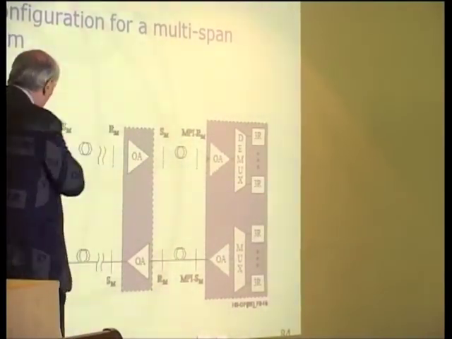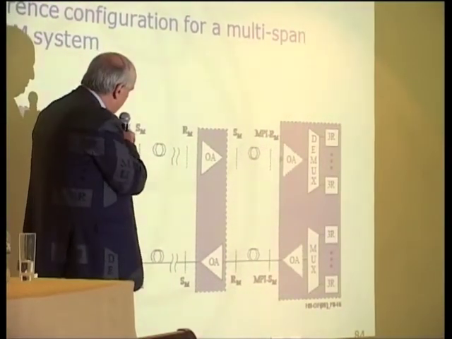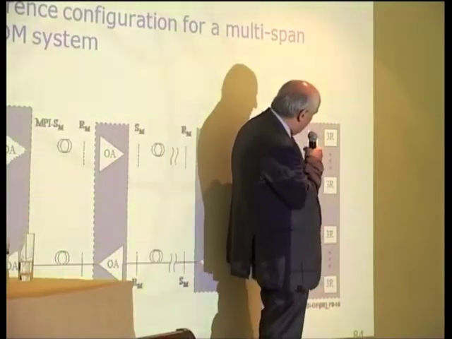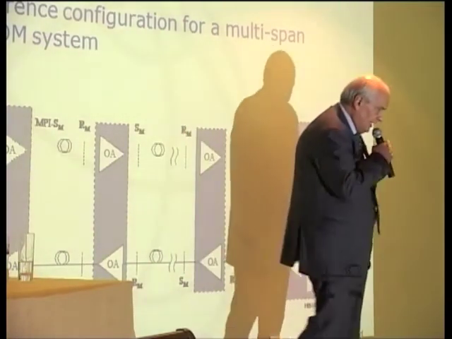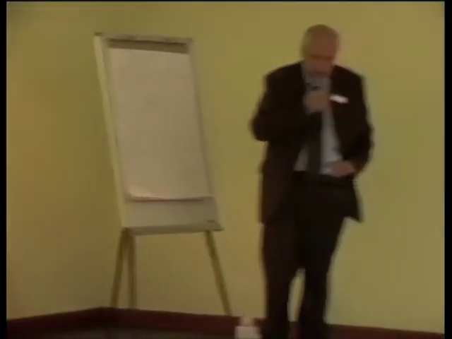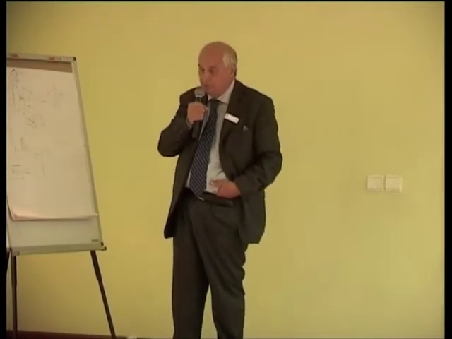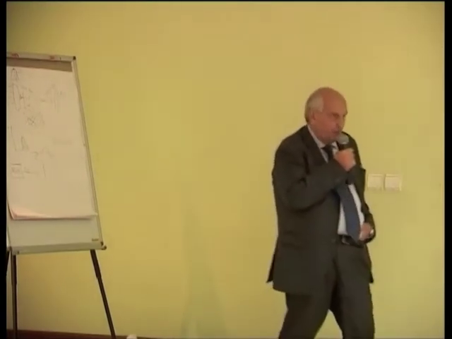The only thing is you should have the power feeding to feed them. At the other end, in front of the DMUX, we find a preamplifier. This is the reference scheme. Of course, you don't need every time a booster amplifier, or you don't need a preamplifier in some cases. In some other cases, you don't need either of them.